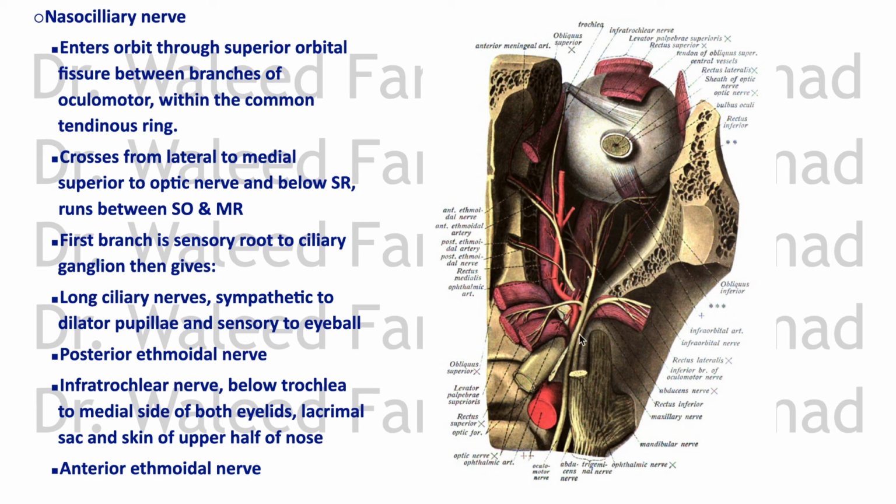I told you it's the sympathetics that came from the plexus around the internal carotid artery and ophthalmic artery, okay, when they join the nerve. Becomes infratrochlear and dorsal nasal, and in that way the ophthalmic nerve terminates, okay.